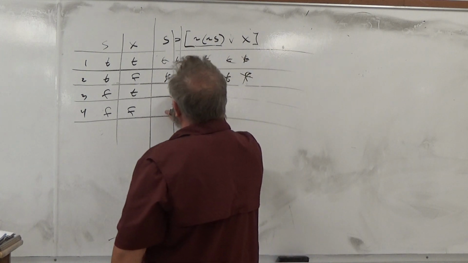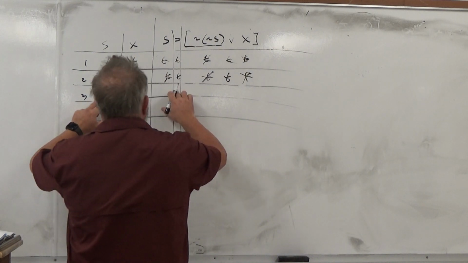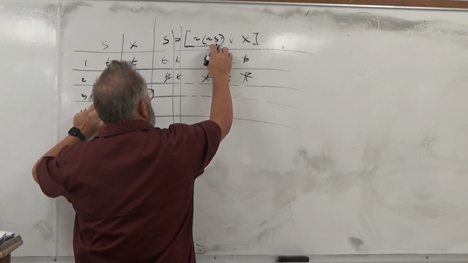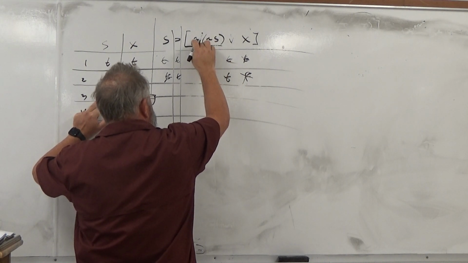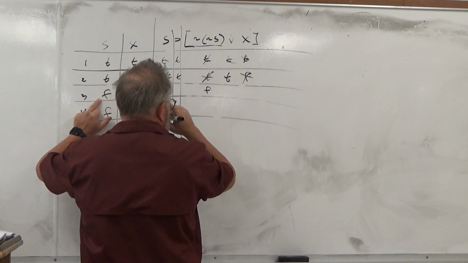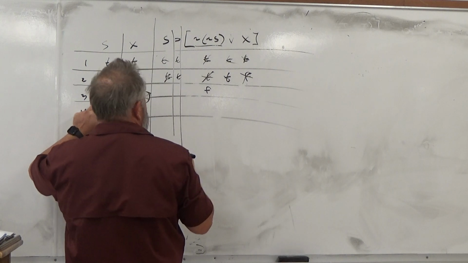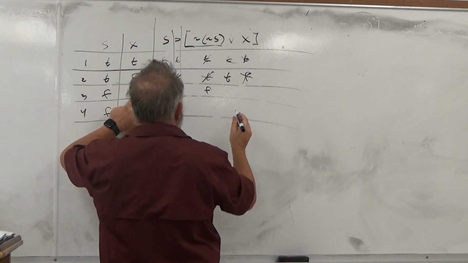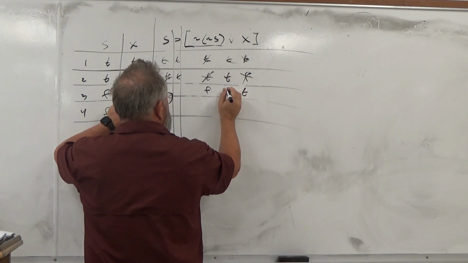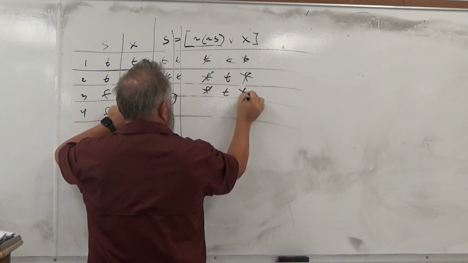Okay, let's do line 3. Here, S is false, so not S is true, and not true is false. So double negations cancel themselves out. X on line 3 is true, so what we have is false or true, which is true.